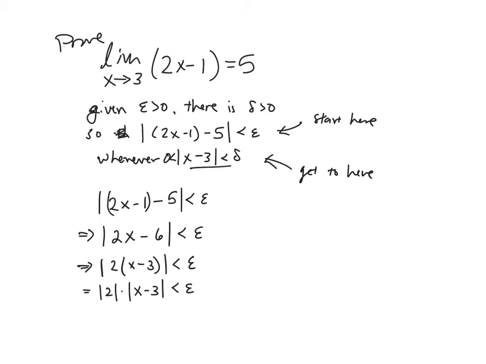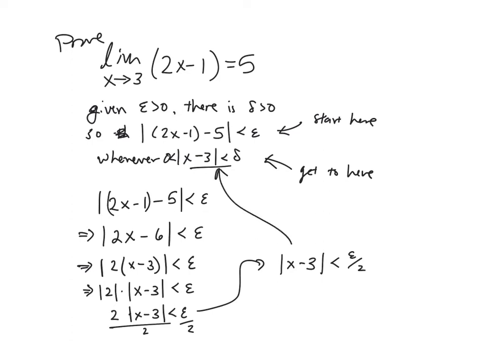That's really just 2 times the absolute value of x minus 3 is less than epsilon. And then if I divide both sides by 2, I get the absolute value of x minus 3 is less than epsilon over 2.